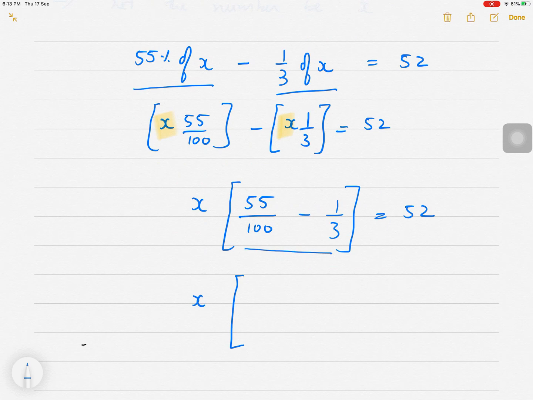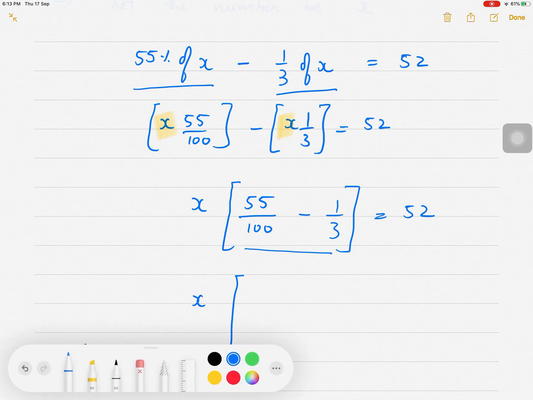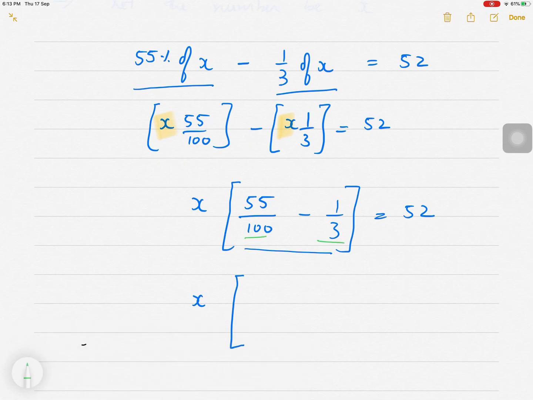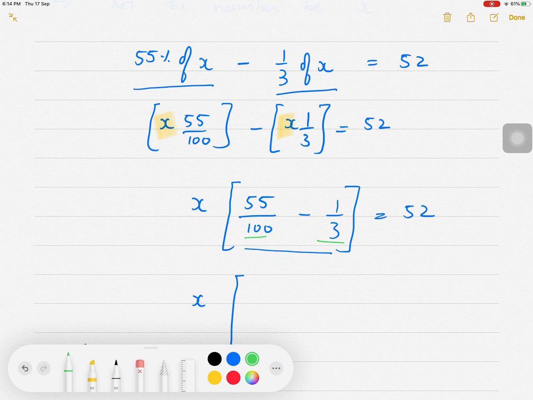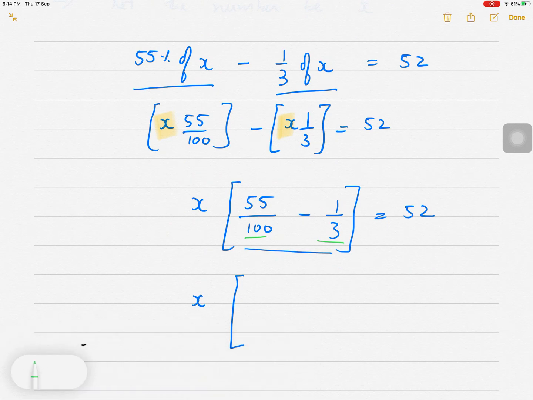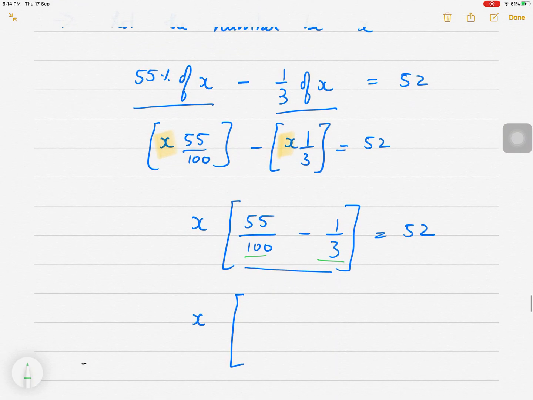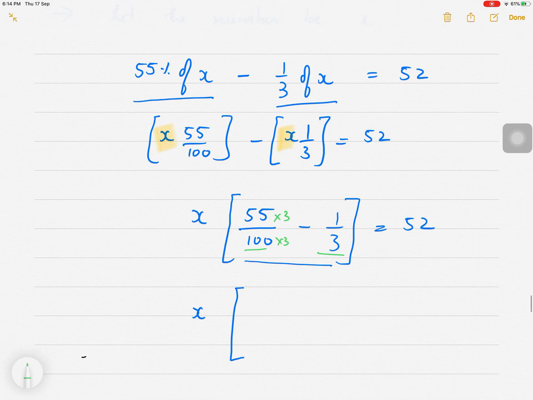I want to make sure that the denominator is same. So how can I make the denominator same? I will multiply this by 3 over 3, and here I will multiply by 100 over 100.